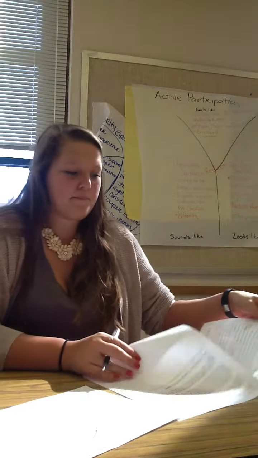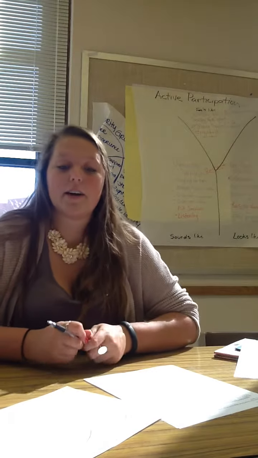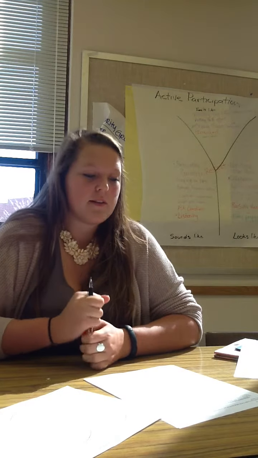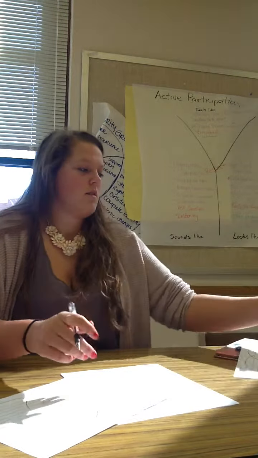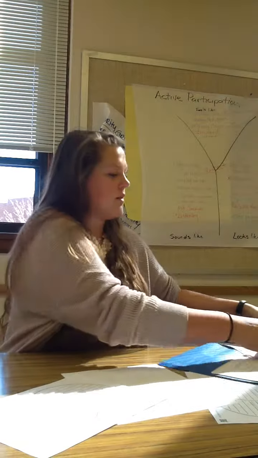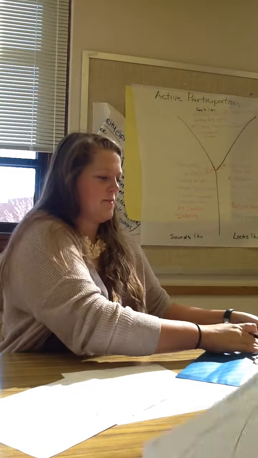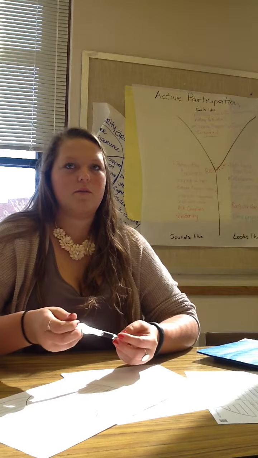Okay. So now it's your turn. You're gonna fill out a Venn diagram about the characters of the story. I want you to focus on how they're different and how they're the same. No, because this is part of your lesson.